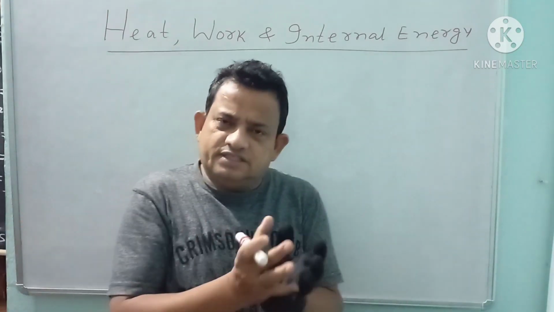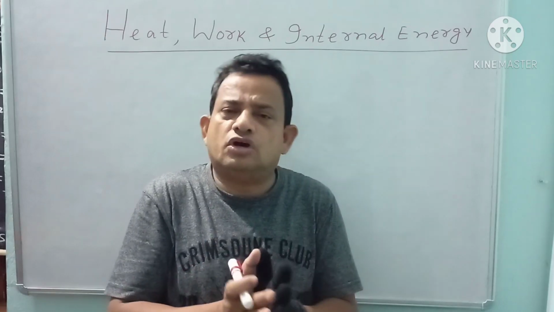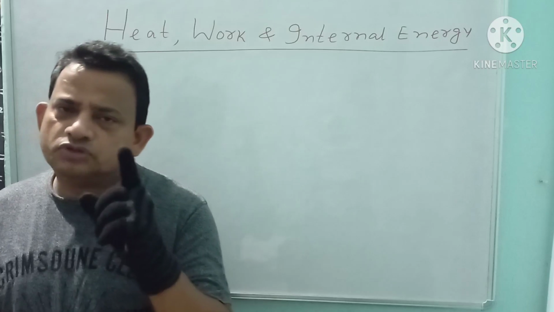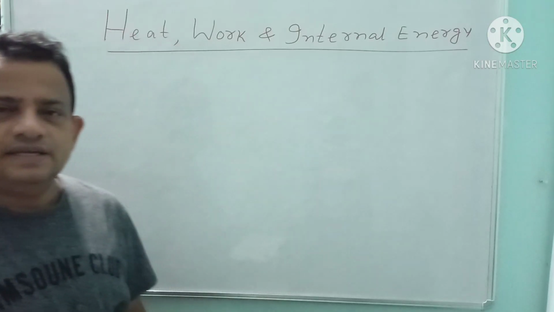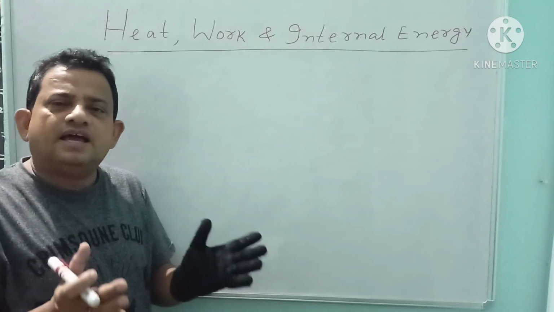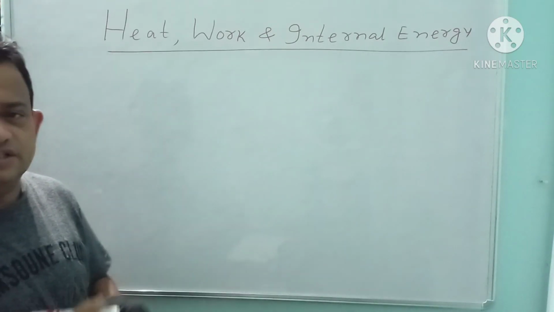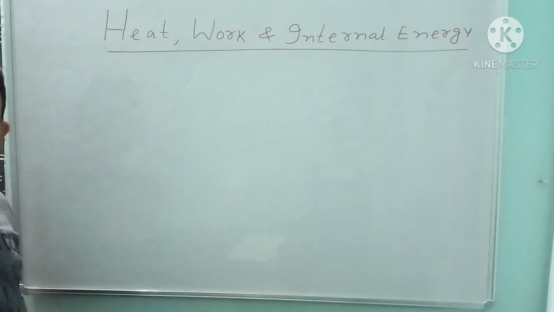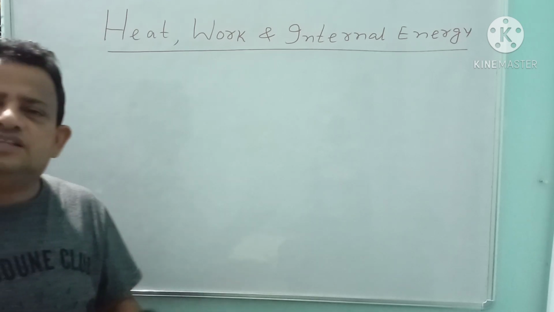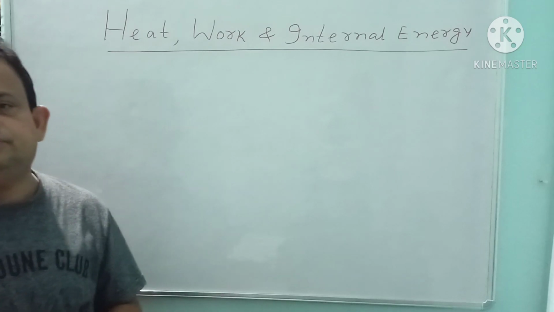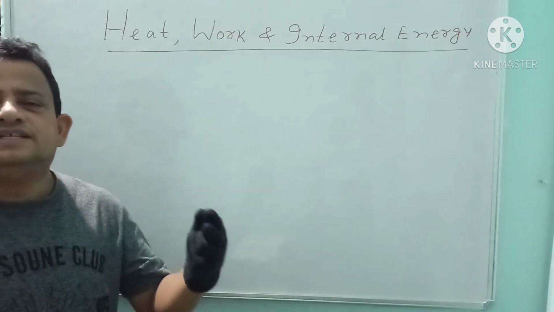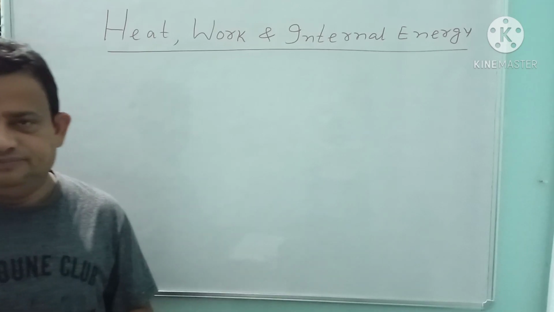And from this, what conclusion will you draw? The zeroth law of thermodynamics gives an idea about temperature. How? When two states are in thermal equilibrium, we say they have the same temperature.